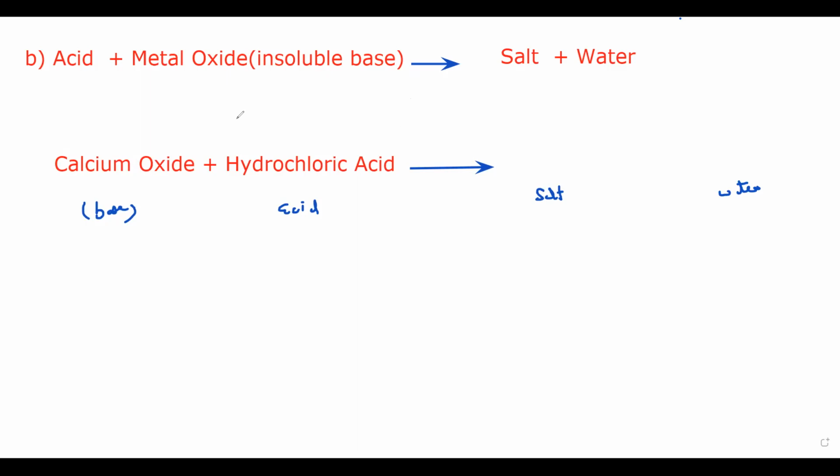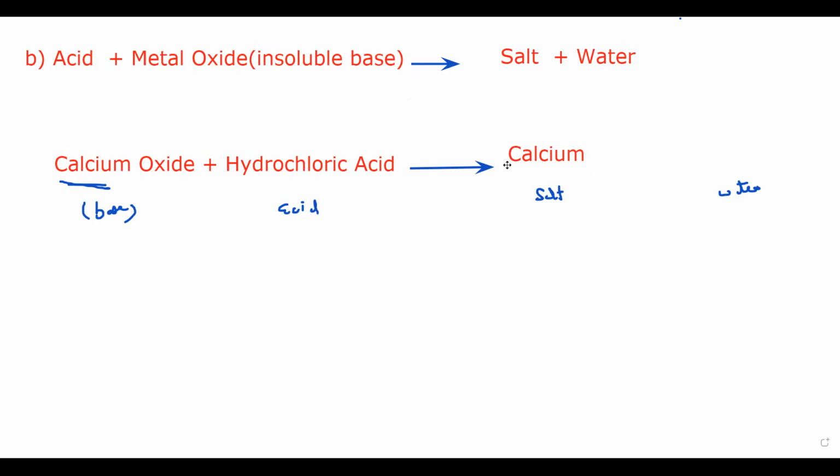So which salt is formed? Always the first name of the salt is a metal. So what is a metal here? Because calcium is a metal, so the first name is coming from calcium. So the first name will be calcium. And the second name is depending on which acid react. If it's a hydrochloric acid, then it will be chloride salt.